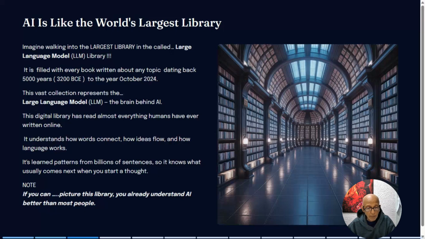Think of the large language model as someone that has read every single book in the world on any kind of information. And then what it does, it's been trained and it understands how words connect, how ideas flow, and how language works.